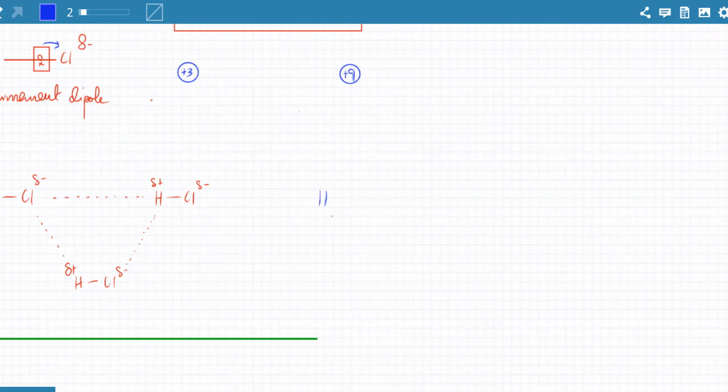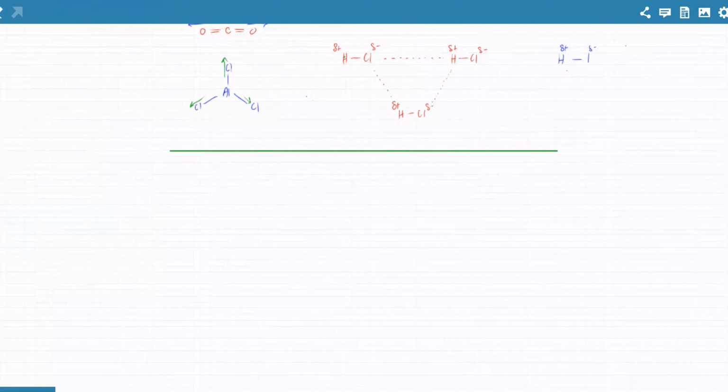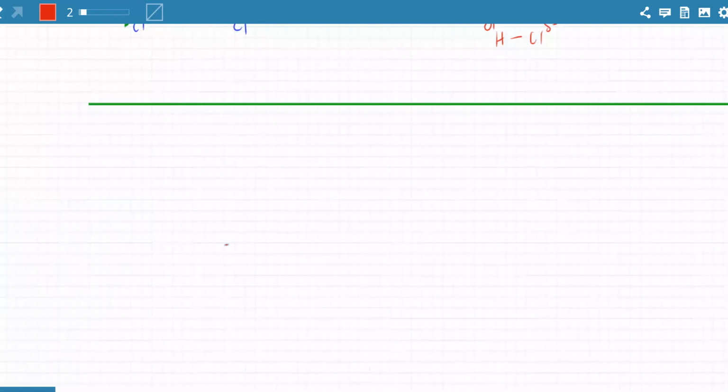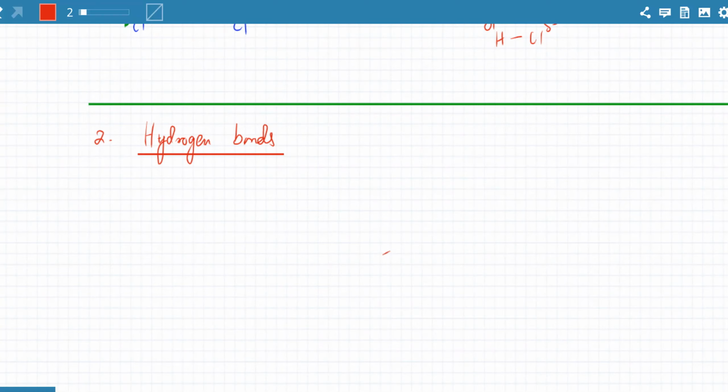So what's the third one? Sorry, the second one. The second one is known as hydrogen bonds. Now with hydrogen bonds, it's an extreme form of a dipole.